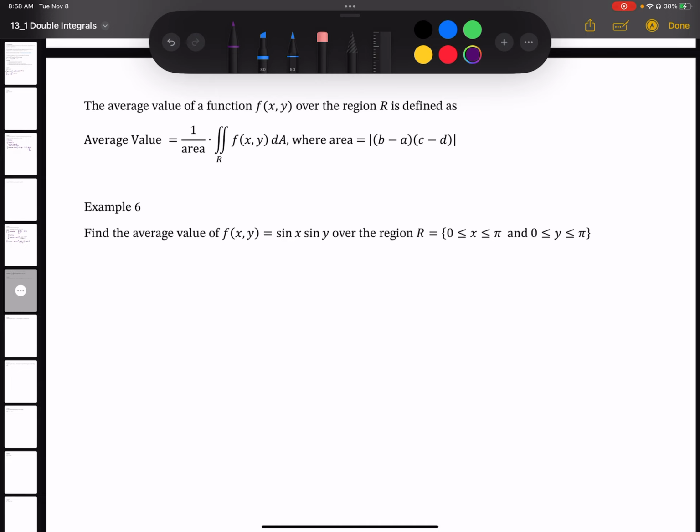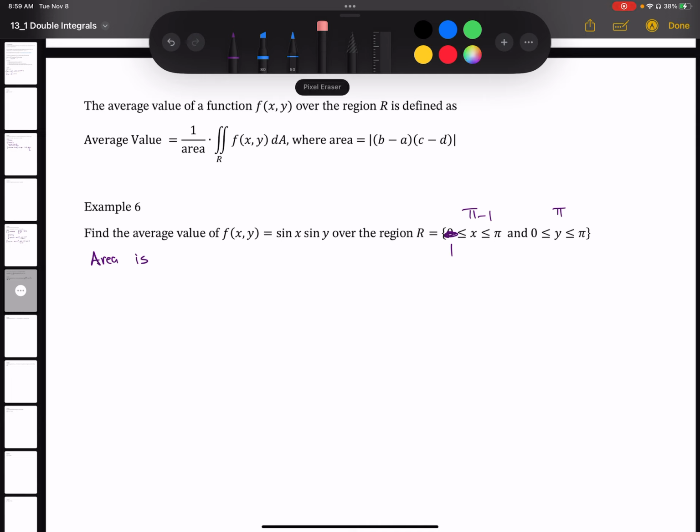So here, for example 6, our area is, all right, so from 0 to pi is pi units long, and from 0 to pi, again, is pi units long. But for the sake of argument, say this was like 1 instead. So then one side is pi minus 1 units long, the other interval would be pi.